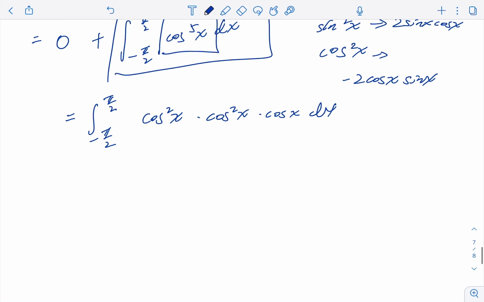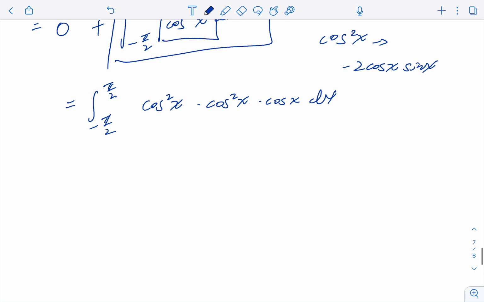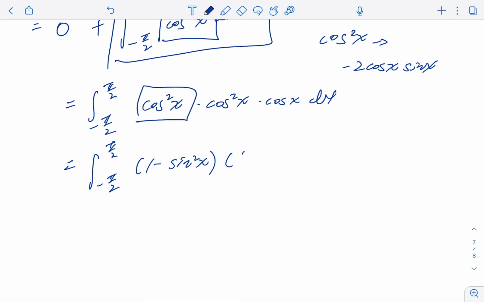Yep, that's still cos to the fifth x, but we're just going to split this up. So cos squared x, since sine squared x plus cos squared x equals 1, I can just rewrite this as 1 minus sine squared x, then another one, then cos x.